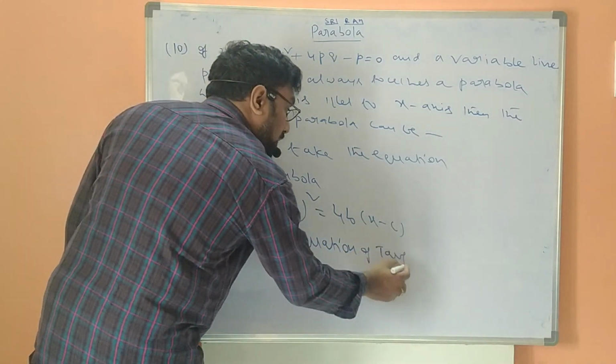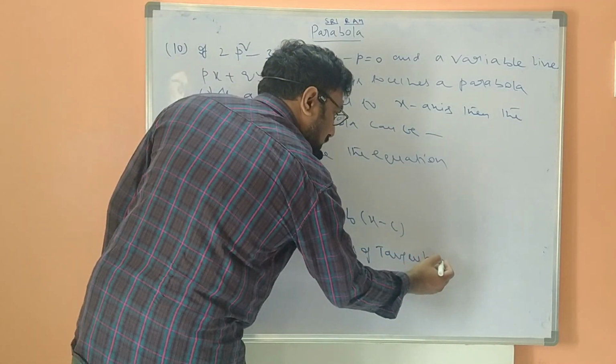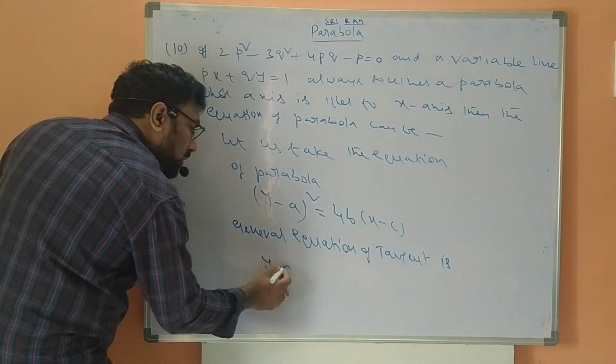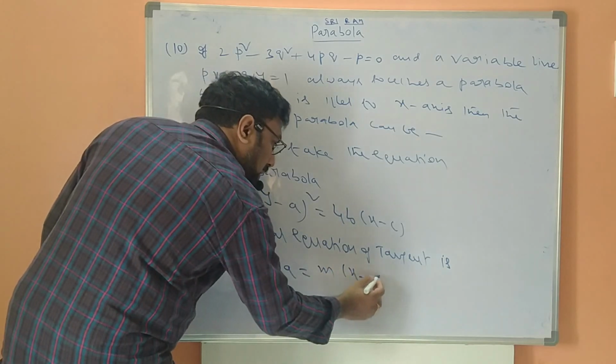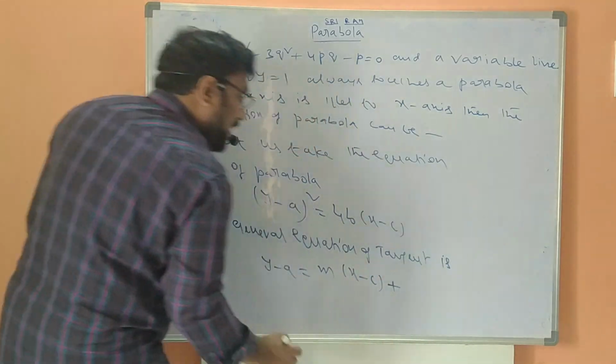Okay. Now the general equation of tangent. The equation of tangent to this parabola in slope form is y minus a equal to m into x minus c plus a by m.